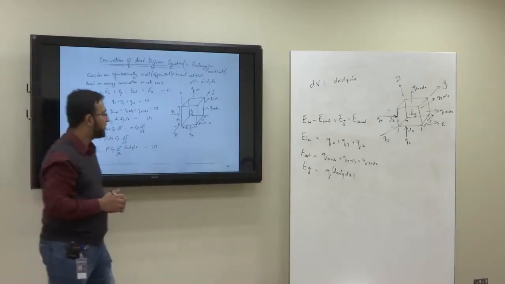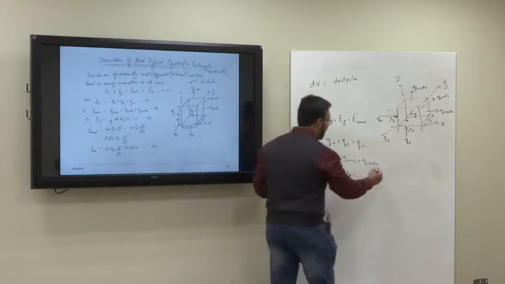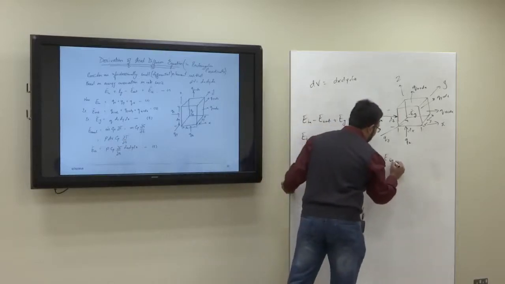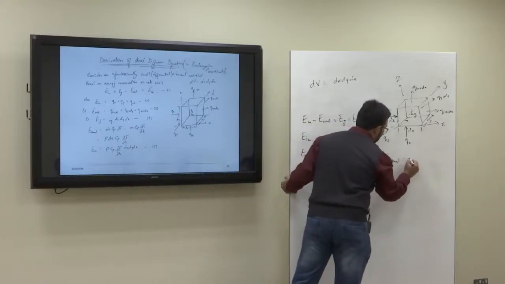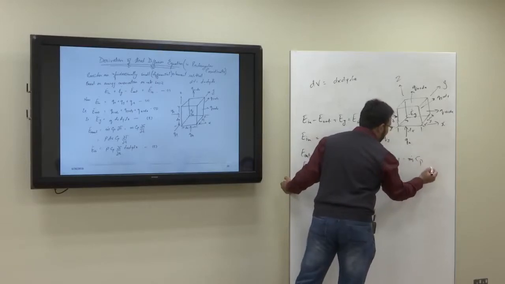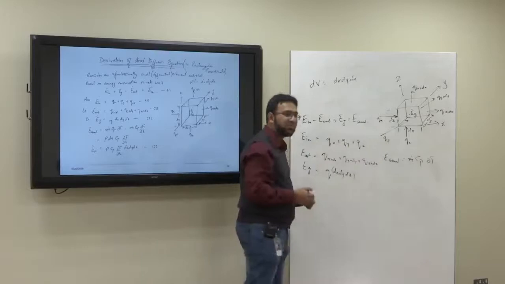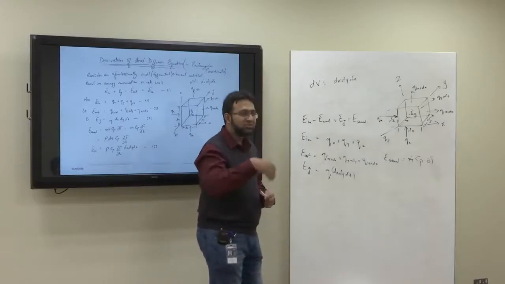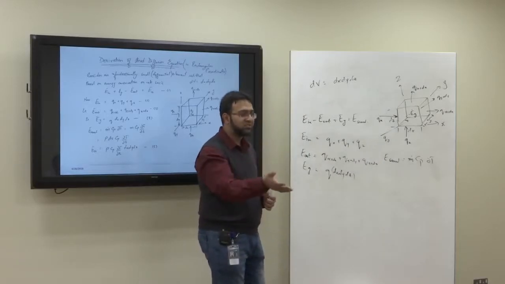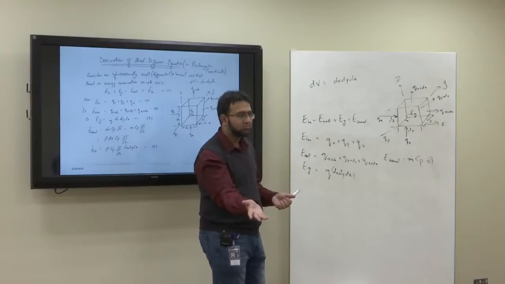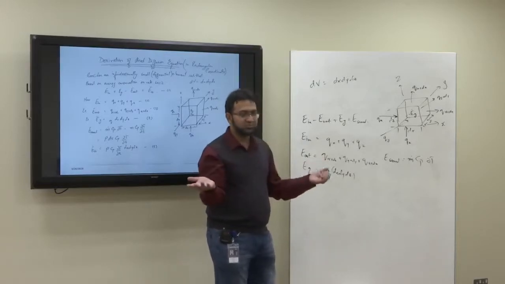What about E stored? We can determine it as m dot Cp delta T. If there is energy stored, there will be a change in temperature. If there is no energy stored, there is no change in temperature.